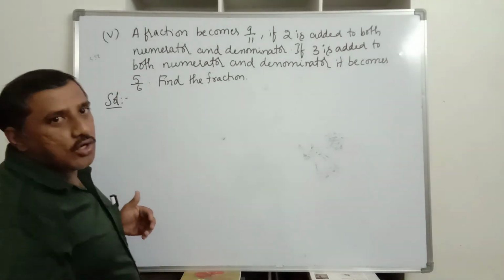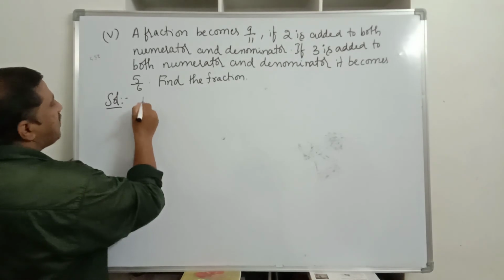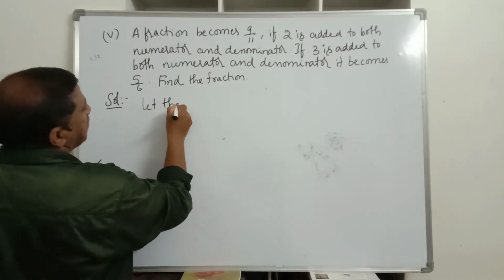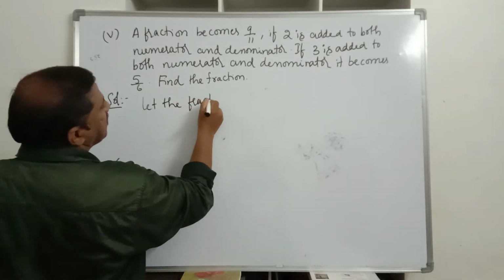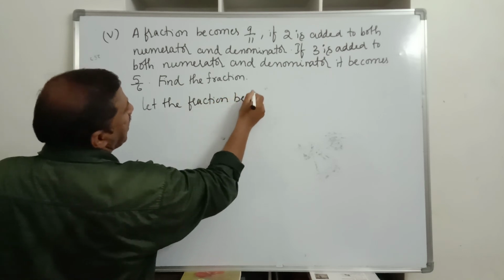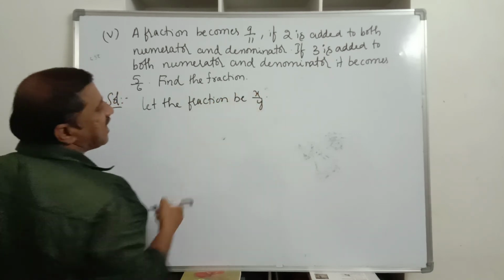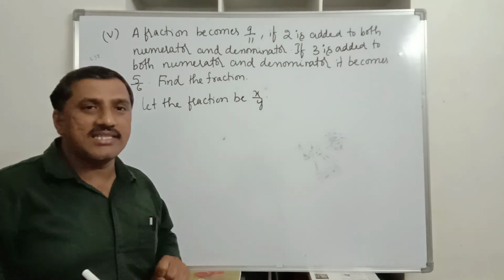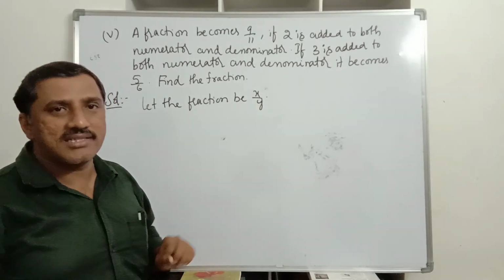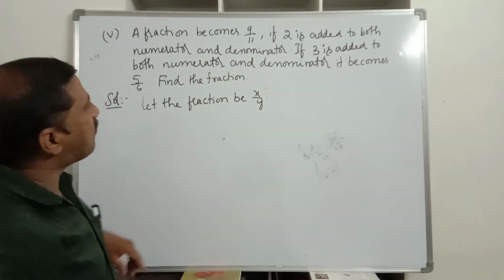So here we should find the fraction. A fraction contains a numerator and denominator. Let the fraction be x by y. What is x here? It is the numerator, and y is the denominator. So what is case 1 here?